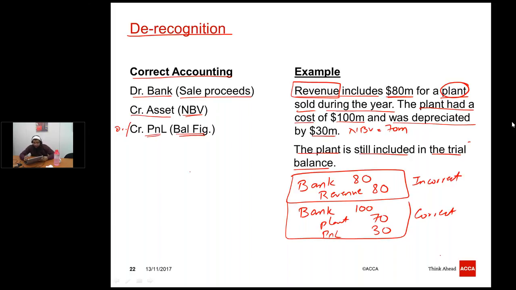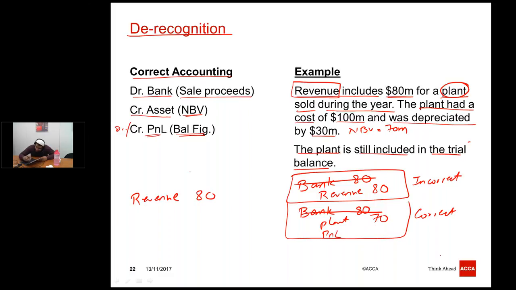Now how we are going to record the correcting entry: the bank has been correctly debited by the question. We have no issues with this. So the correcting entry is going to be revenue debit by 80. Okay, I'm sorry, this is not 100, this is 80.